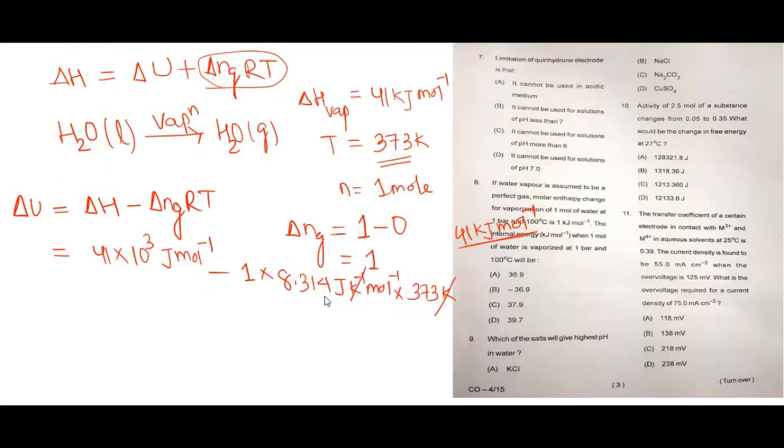Kelvin cancels out, leaving joule per mole and joule per mole. We can subtract only similar unit quantities, kg minus kg, things like that. Joule per mole is subtracted from joule per mole.